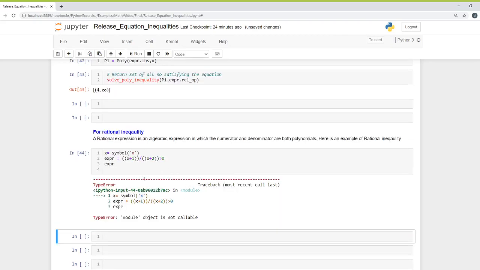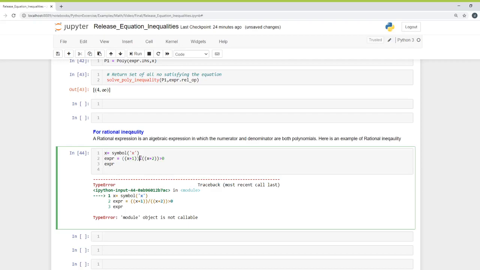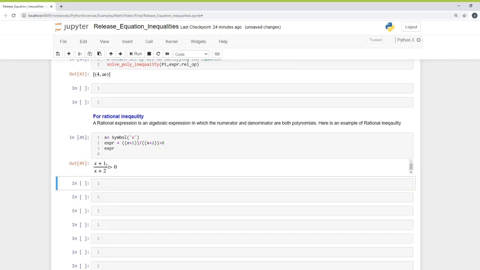Shift enter. So this is our rational inequality.